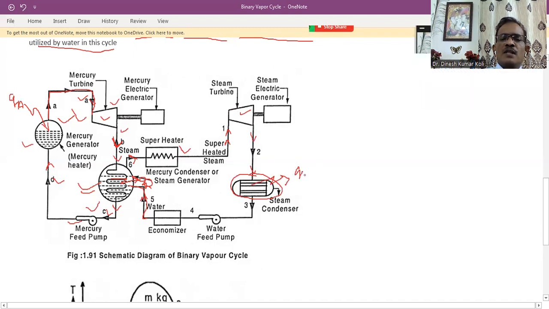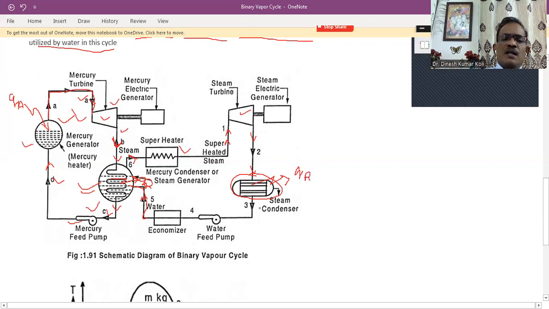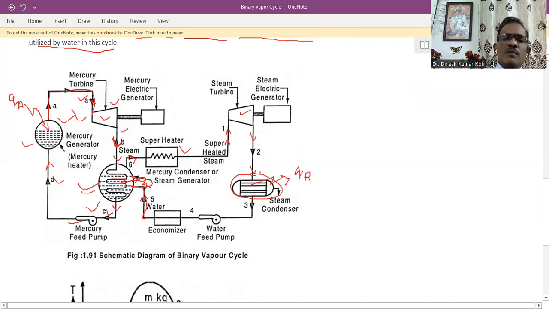Then it will be converted from steam to water, from point 2 to point 3, and this water is then taken with the help of the feed water pump, and it will pass through the economizer, then the mercury condenser, and then the superheater. So this cycle is repeated.